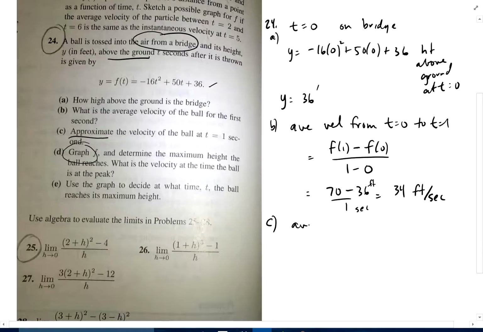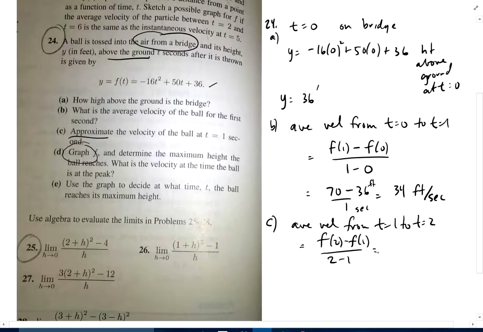So let's look at the average velocity from t equals 1 to t equals 2. So that's going to be f of 2 minus f of 1 over 2 minus 1.